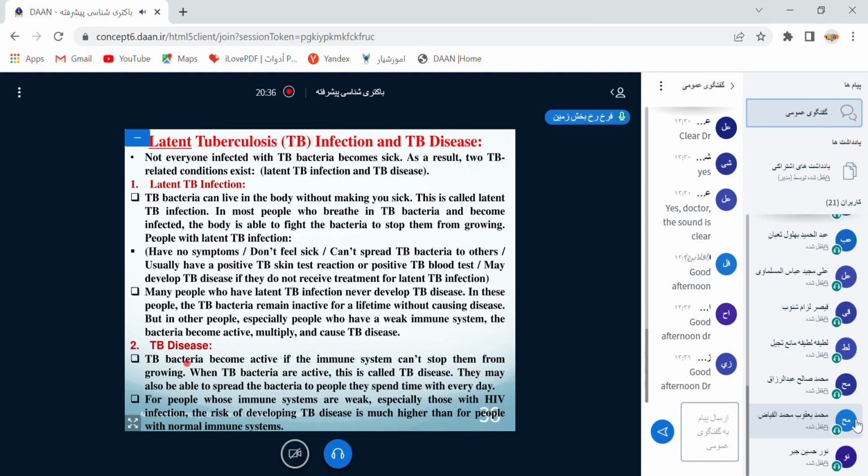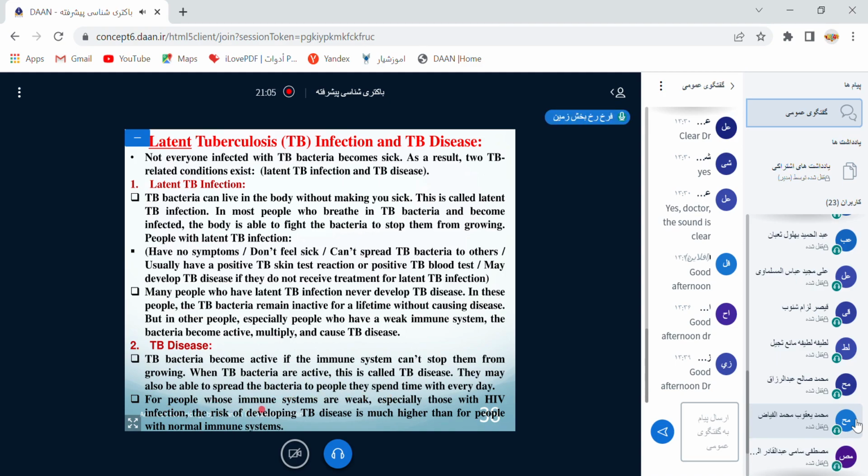TB disease. TB bacteria become active if the immune system cannot stop them from growing. When TB bacteria are active, this is called TB disease. They may also be able to spread the bacteria to people they spend time with every day.